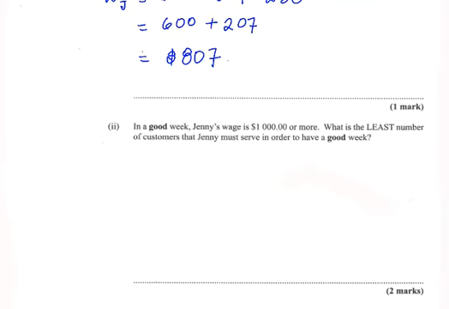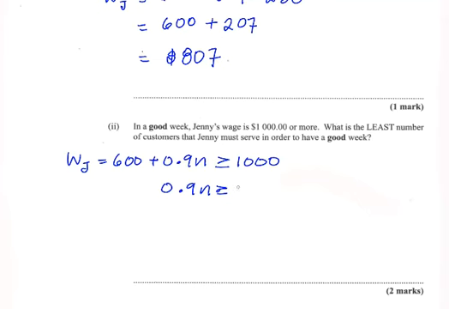So in a good week, Jenny's wage WJ would be equal to 600 plus 0.9n, and this must be greater than or equal to $1,000. So here 0.9n, n being the number of customers she has to serve, is 1,000 minus 600. So 0.9n is greater than or equal to 400.